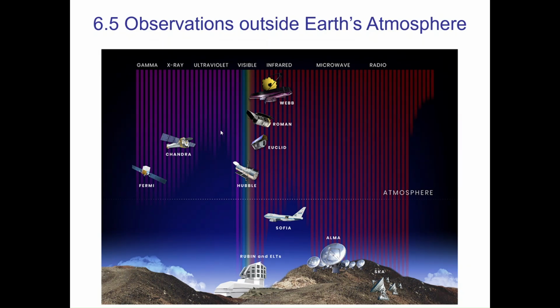Another very famous space telescope is the Hubble Space Telescope. You can see the Hubble Space Telescope operates in the visible range. We already talked about the reason we need space-based optical telescopes.